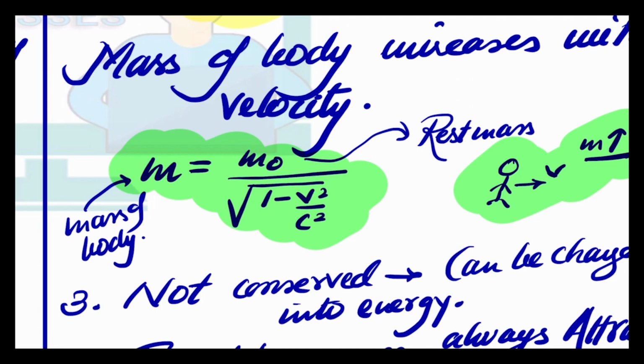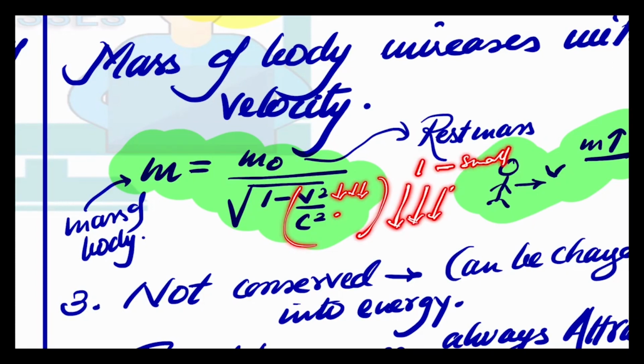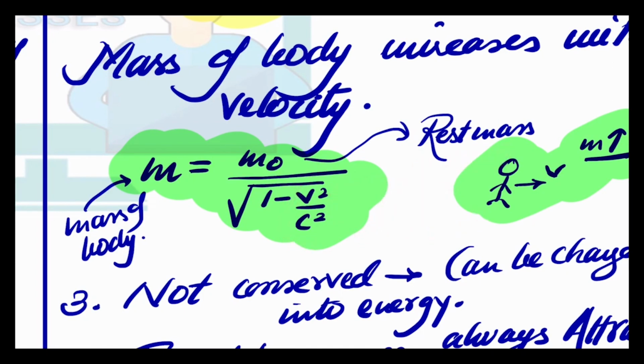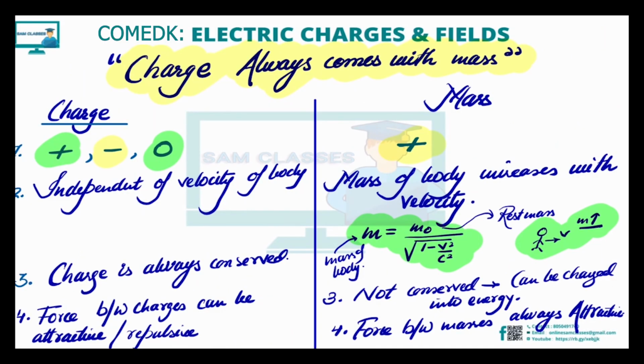So m is equal to m naught divided by something very small. What will happen? This will go up. So the moment your velocity increases, your mass also increases, student.